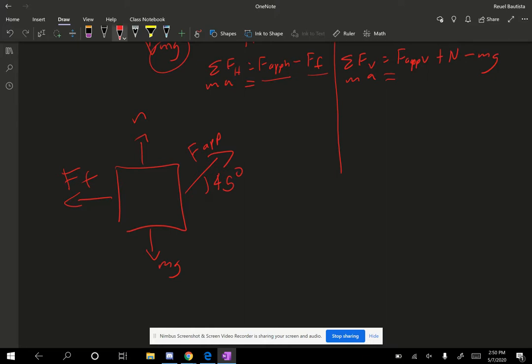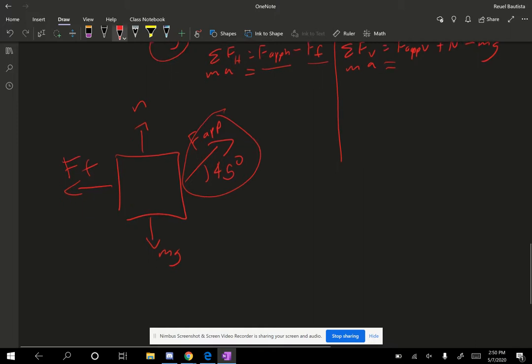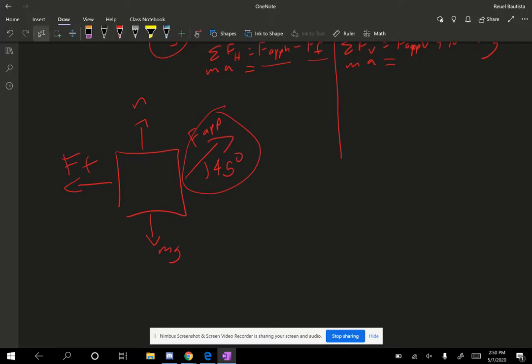So what that means is we have to make sure that we split this up by the right axis. Instead of working with this force applied, we're going to split it up into its two components, the vertical axis and the horizontal axis, and then we can easily work with our forces split up by their axis. So we change this by our sine and cosine components. Vertical is sine, horizontal is cosine.